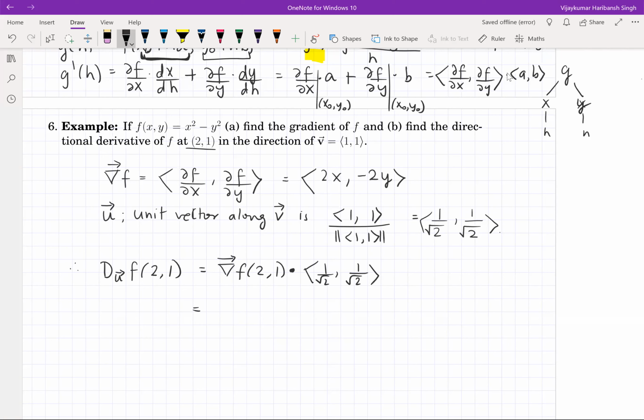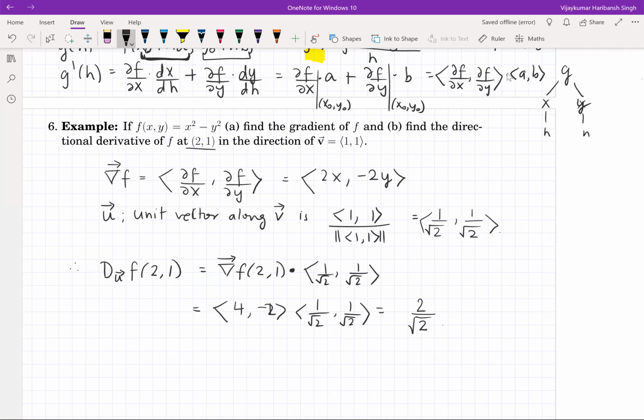And that is the same as, so what is the evaluation? The first one will give me 4, and the second one will give me minus 2, dotted with (1 by root 2, 1 by root 2). And this is going to be 4 minus 2, which is 2 over root 2.